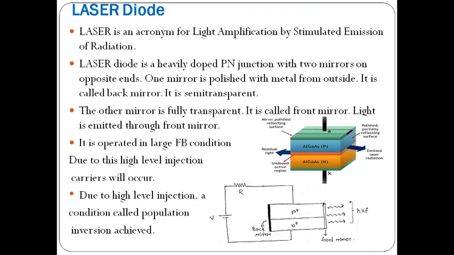So now the main difference between the LED and the laser diode is stimulated emission. In the laser diode, we get stimulated emission. This stimulated emission is obtained due to the two mirrors used in the laser diode.